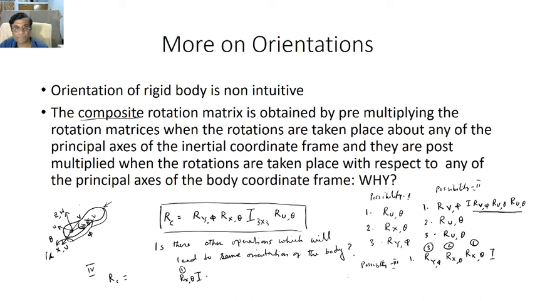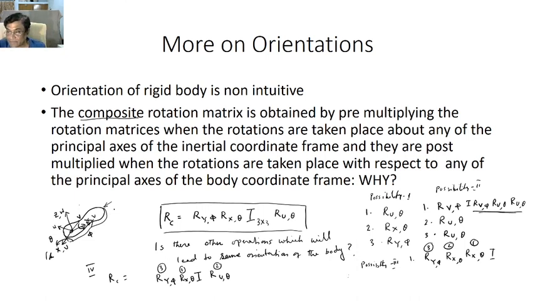Then with respect to the x-axis of the body coordinate frame. So this is our order number 2. Then third about y and phi. So this is another sequence of operations which will lead to the same orientation of the body.